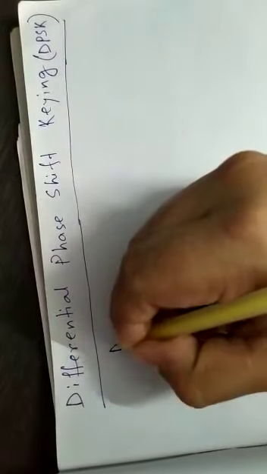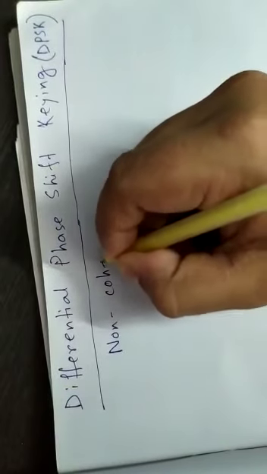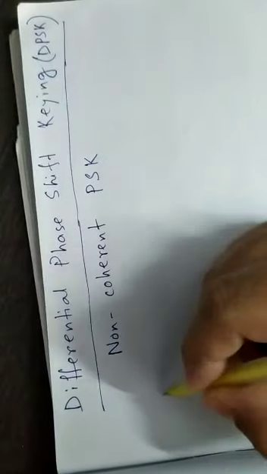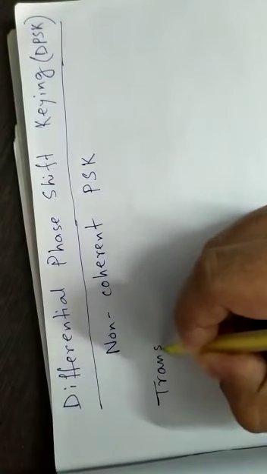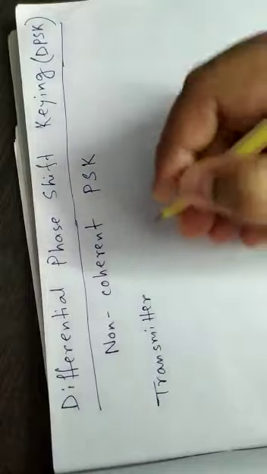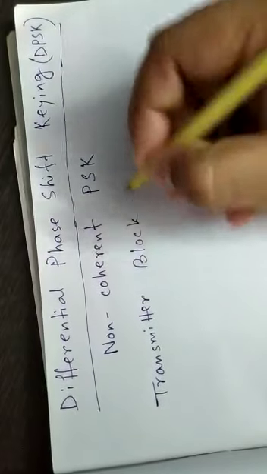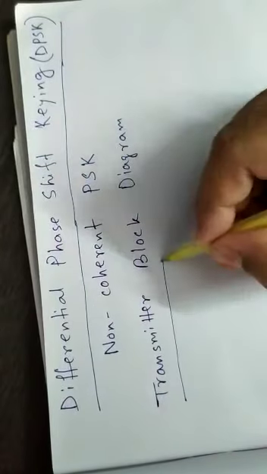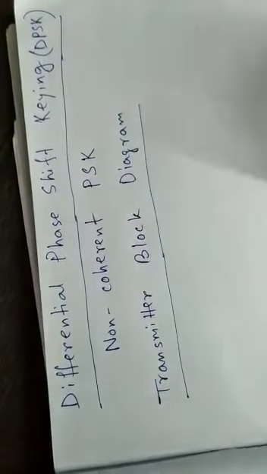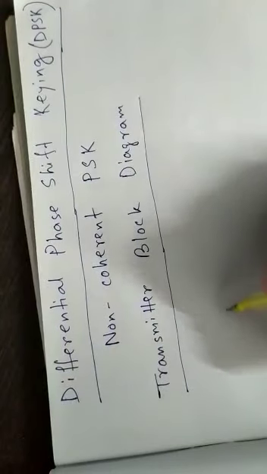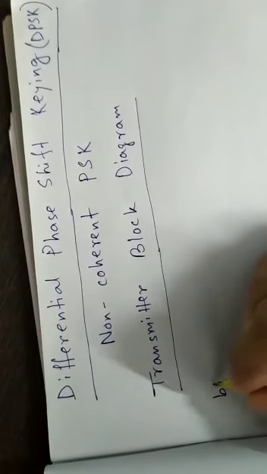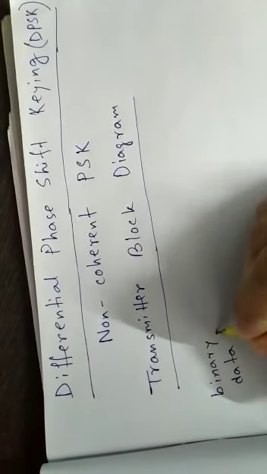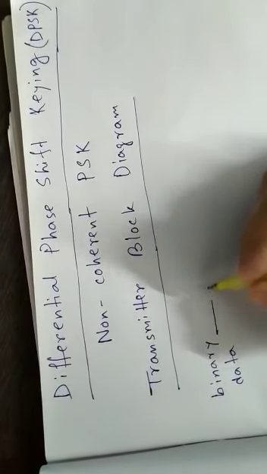So this is a non-coherent phase shift keying transmitter block diagram. So you have binary data at the input, which is the message signal.